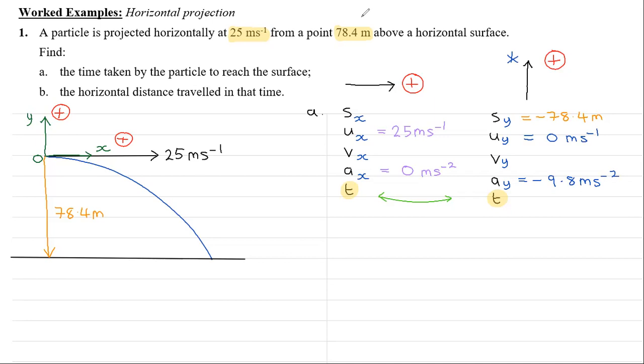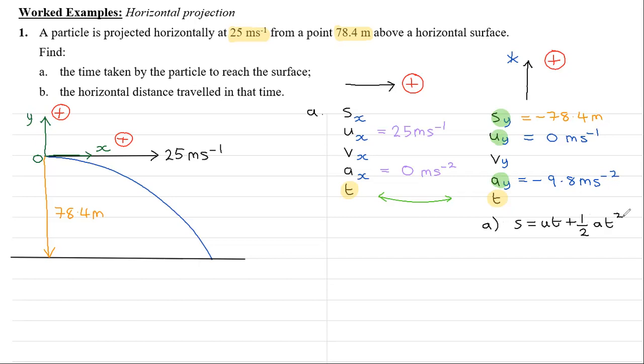So for part A, which I'll do under here because that's where all the values are kept, let's just tick these off. We've got S, we've got U, we've got A, and T is what we want. So it's going to be the one we use most often. It's S equals UT plus half AT squared.